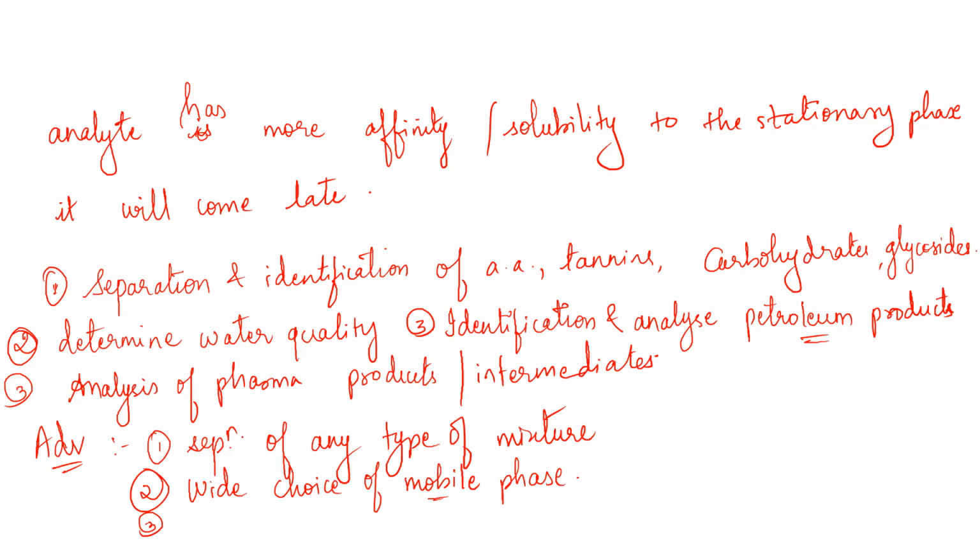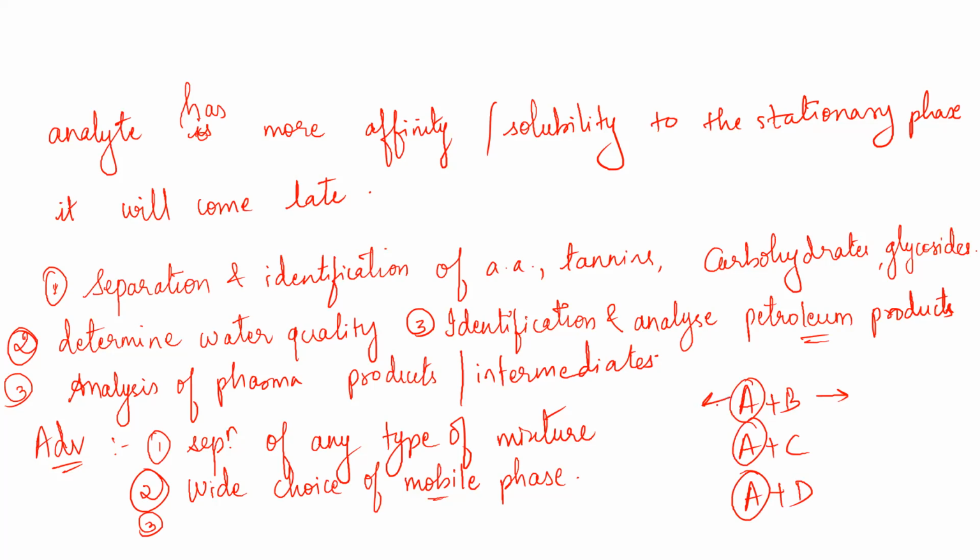You can alter the mobile phases, because there are certain analytes which will be more soluble in, say, solvent A, but their solubility is also good in solvent B, solvent C. So depending upon your analyte, A plus B, A plus C, A plus D. Now this A is my analyte.